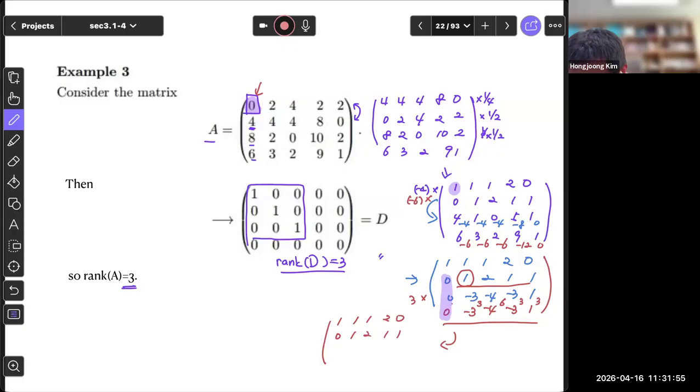Now you get 0, 0, 2, 0, 4. And then the same numbers can be added to the fourth row. Then you get 0, 0, 2, 0, 4.